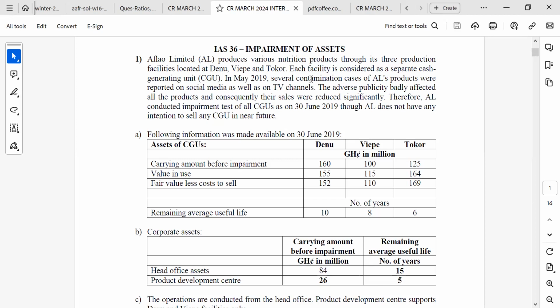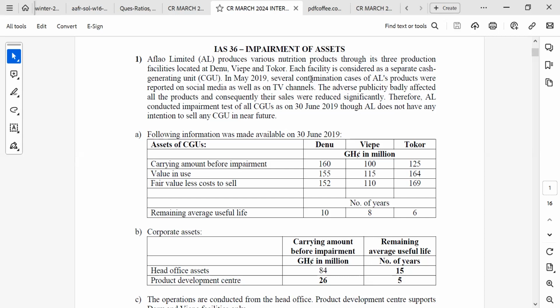Okay. You see, they are saying that AL does not have any intention to sell any CGU in the near future. What they are telling you is that the recoverable amount will be the higher of the value in use or the fair value less cost to sell.